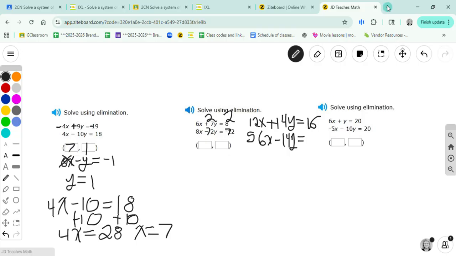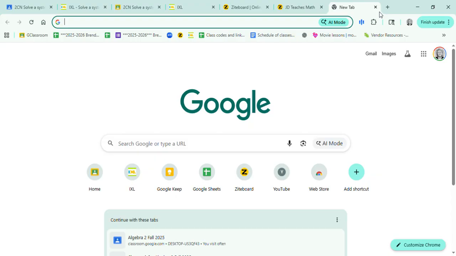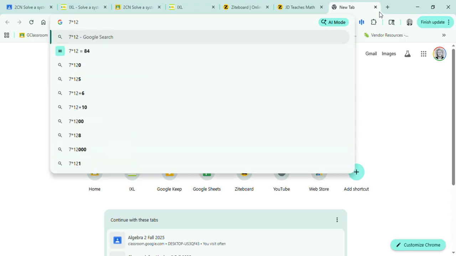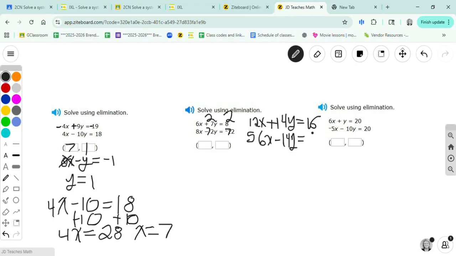Let's verify that real quick. 7 times 12. Oh, 84. My apologies. You guys probably knew that before I did, but it's been a while since I looked at my times tables.